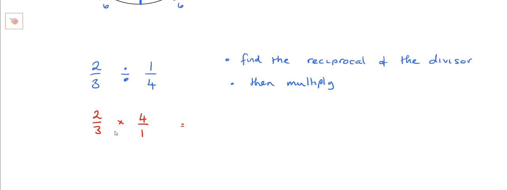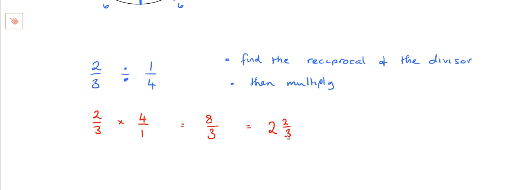Anything on the top can be simplified by anything on the bottom, so 3 with 2, 3. Doesn't look like it. No common factor there. So we end up with 8/3. Which as a mixed number would be 2 and 2/3.